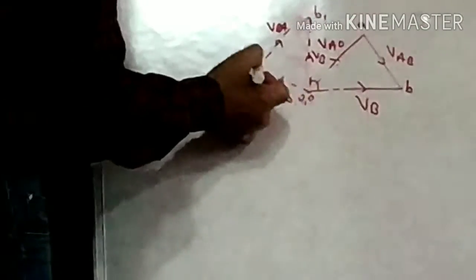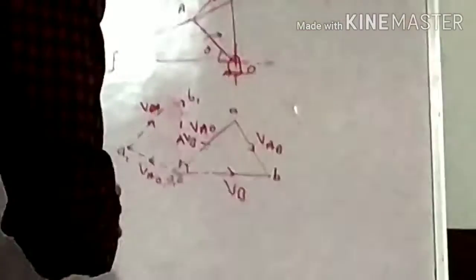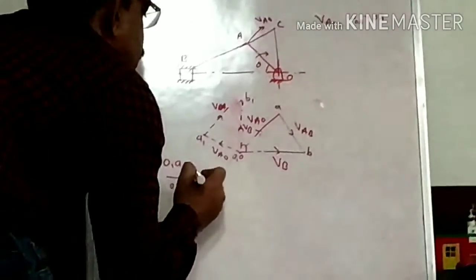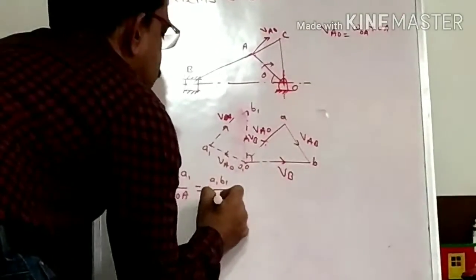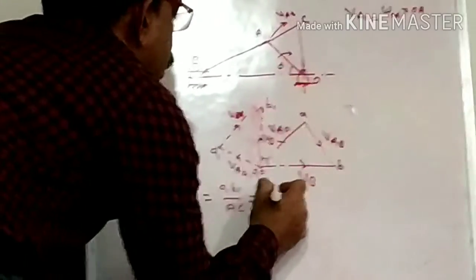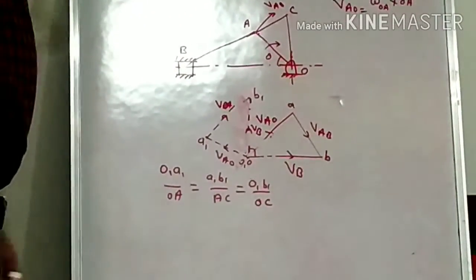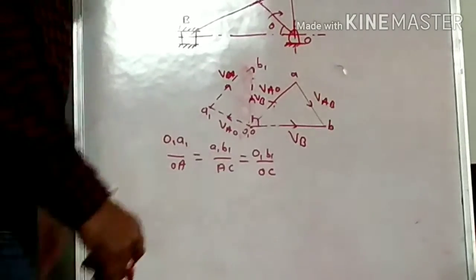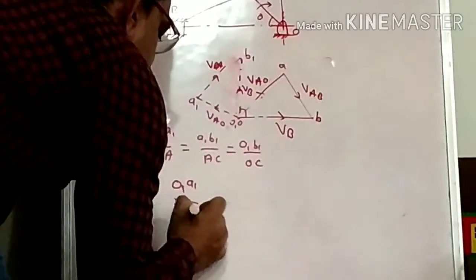So triangle O1A1B1 is similar to triangle OAC. From that we can write the similarity of triangles: O1A1 upon OA is equal to A1B1 upon AC is equal to O1B1 upon OC. Now consider the first term, O1A1 divided by OA.